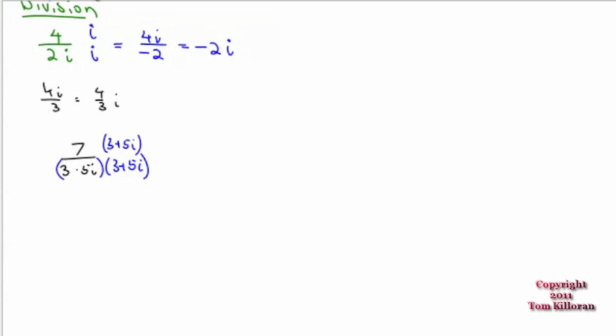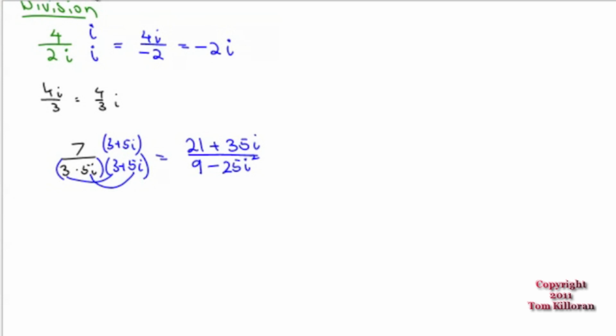So 7 times 3? 21. 7 times 5i? 35i. And then in the bottom, we're going to get 9, and negative 25i squared. Why did I not multiply the two middle ones together? Because they cancel.